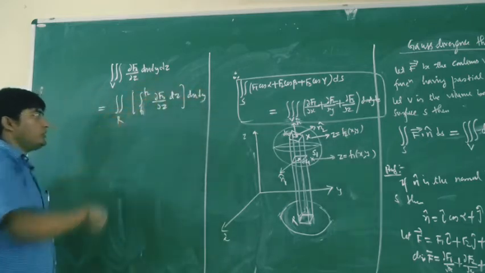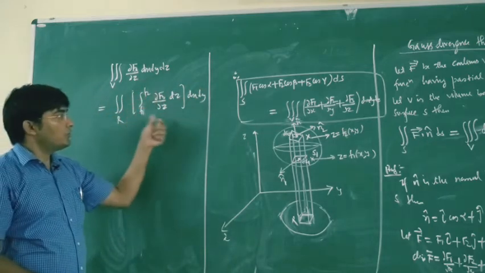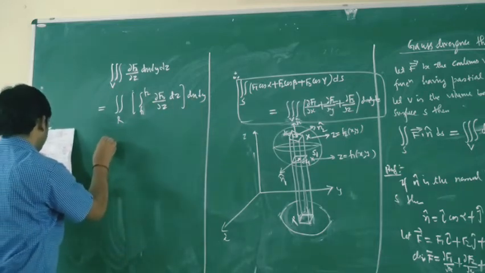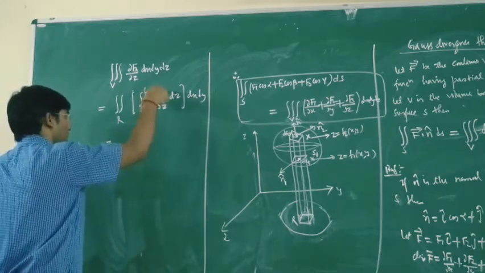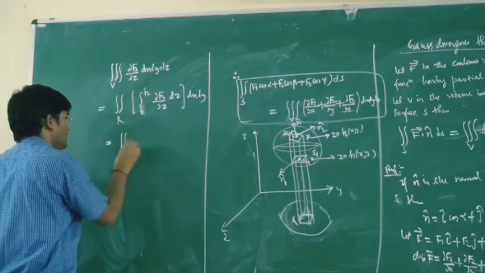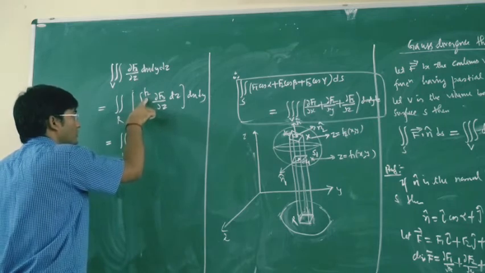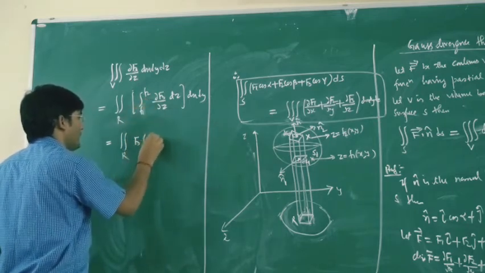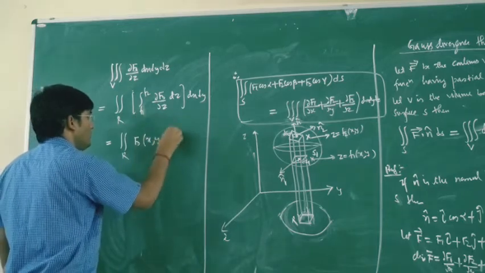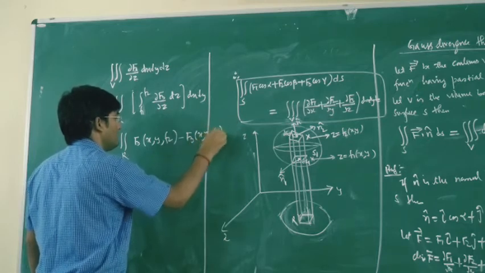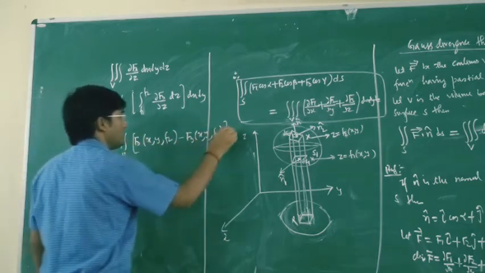The integration of this function will be f3. Now the value of f3 for z equal to f2 will be f3(x,y,f2) minus f3(x,y,f1), and outside we have dx dy.